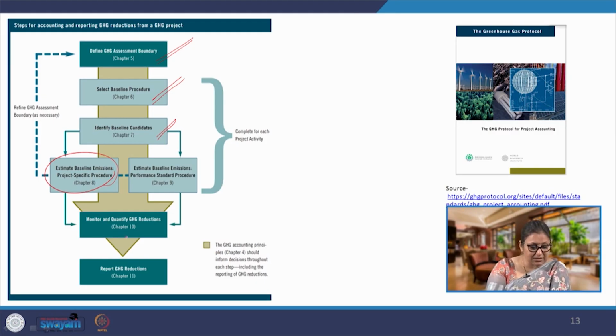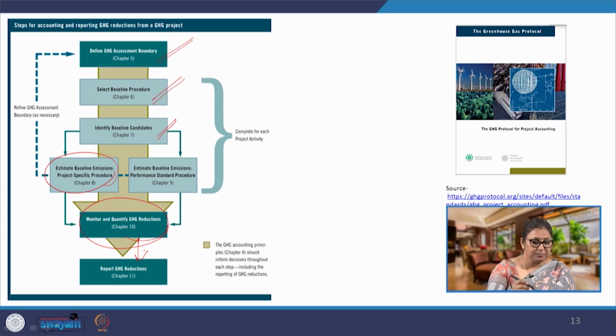This will give us the GHG reductions from baseline to the accounting year, to the reporting year, and then we will take it to reporting the GHG reductions. This is the generic process, and then there are the activities within this.